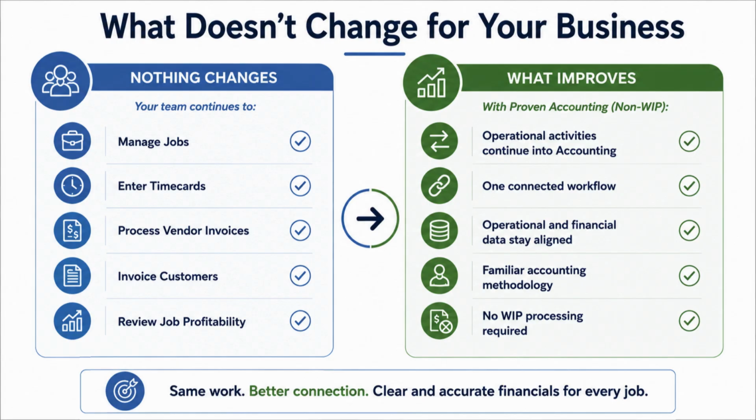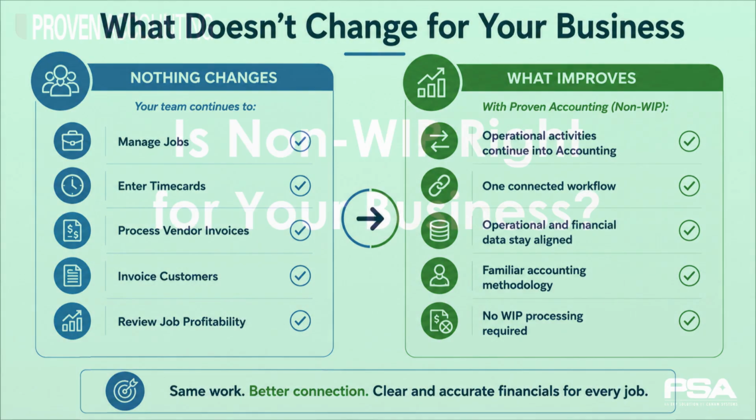This allows organizations to benefit from an accounting platform designed specifically for Proven jobs while minimizing the amount of change required during implementation. As a result, your operational and financial information remain aligned, giving you a clear and accurate financial picture of every job.